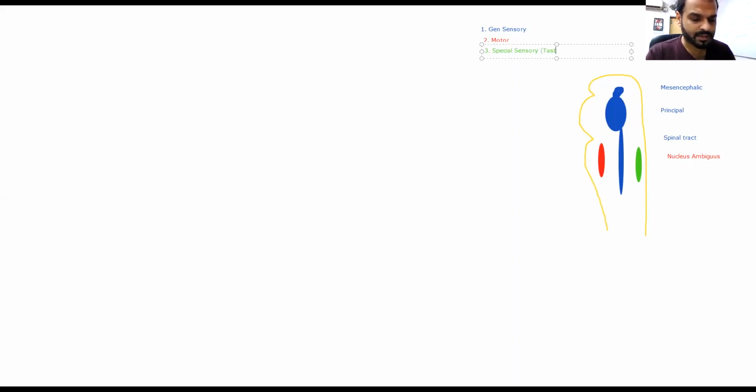It carries taste from the dorsal most part of the tongue and the pharynx and the larynx, minor taste parts. So this is the tractus solitarius. It is also known as solitary tract nucleus.